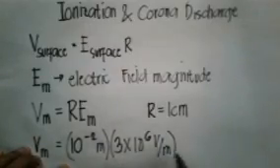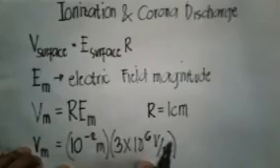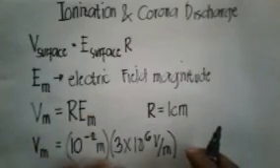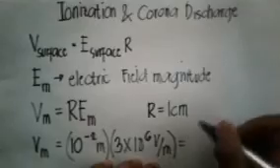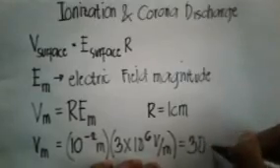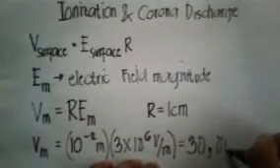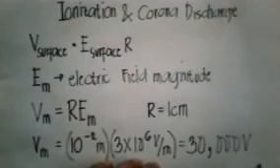This is the value of our electric field magnitude. So this gives us 30,000 volts.